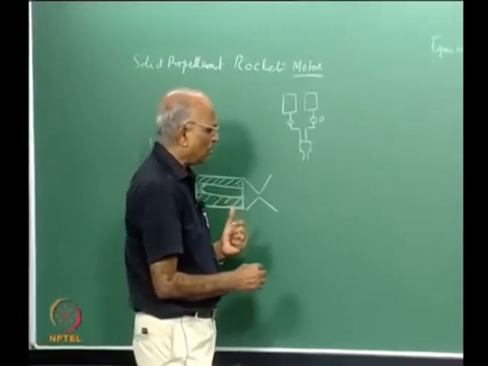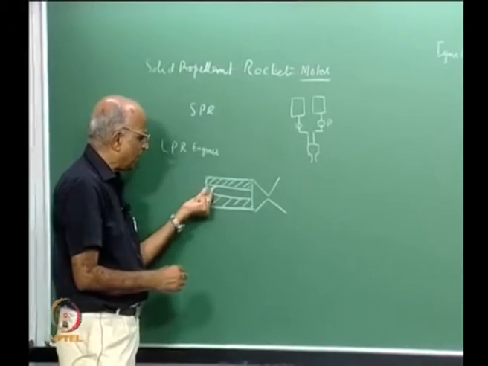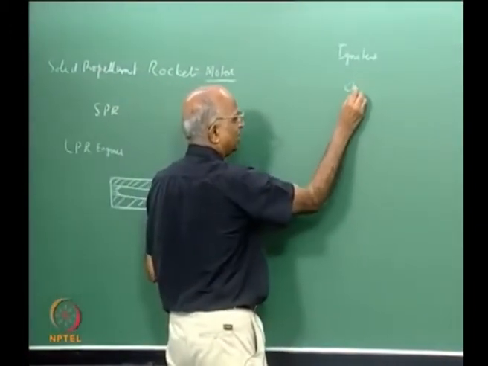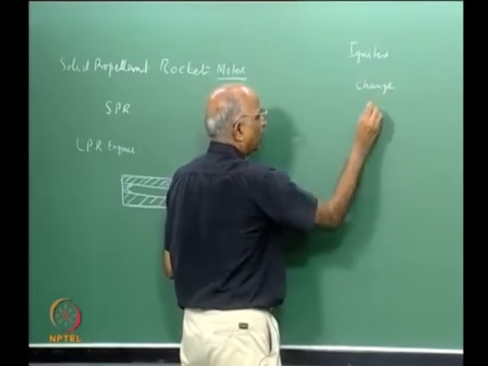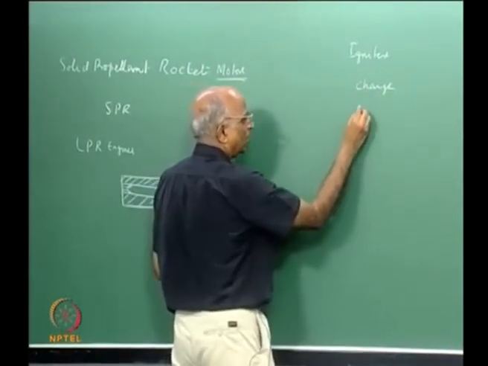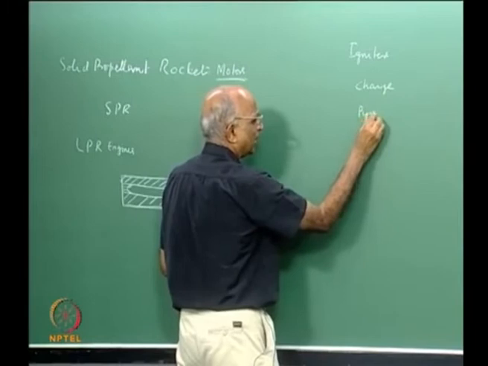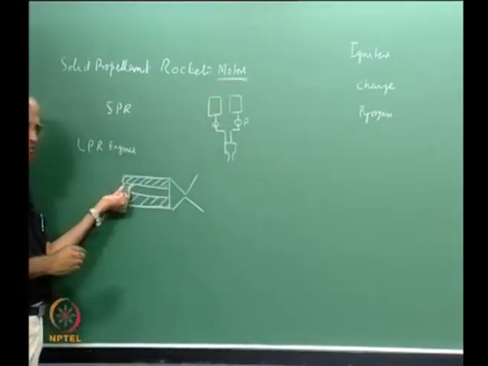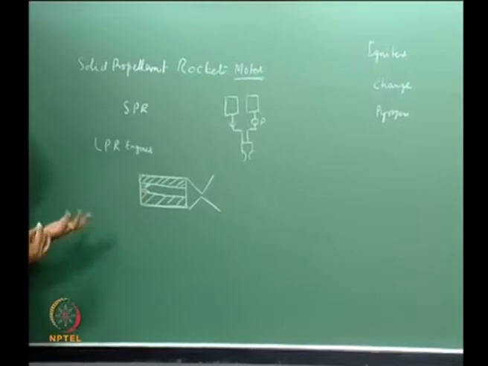But then we also said we have some types of igniters. One was a pyrotechnic igniter, in which I have a charge which is easily ignitable, whereas we also talked in terms of a pyrogen igniter, wherein we put a small rocket motor itself as the igniter. What is the principle?